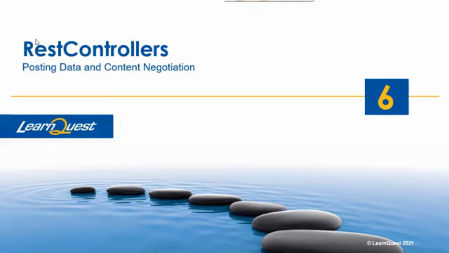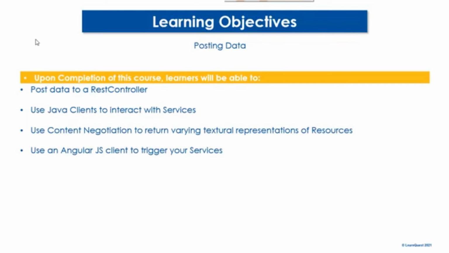So welcome to lesson 6, posting data and content negotiation. Here we will create a REST controller endpoint where we can push data to it through an HTTP post. We'll also create Java clients to interact with our services. We'll be using something called REST template.